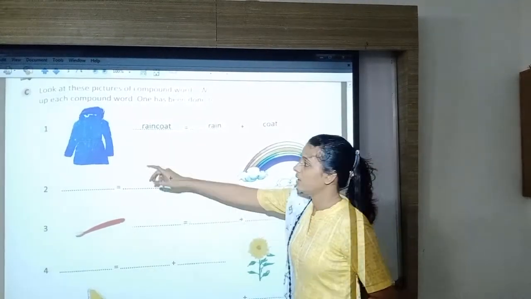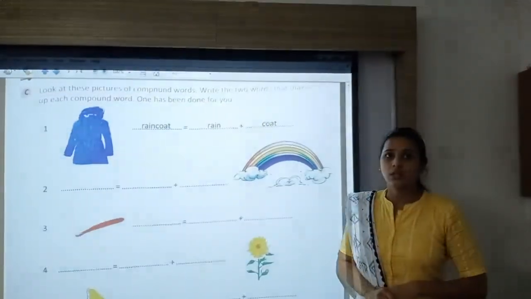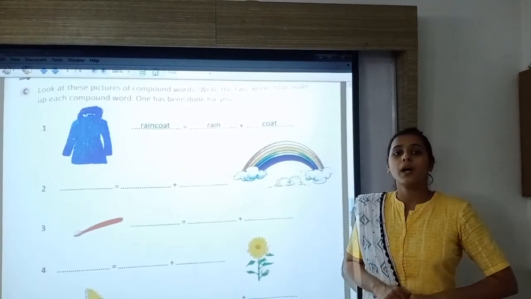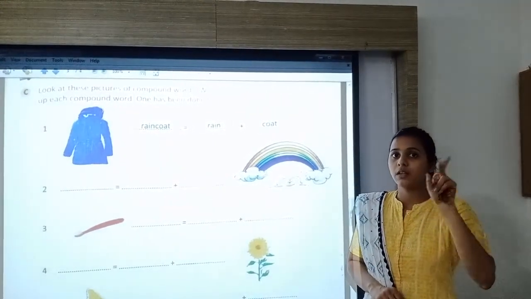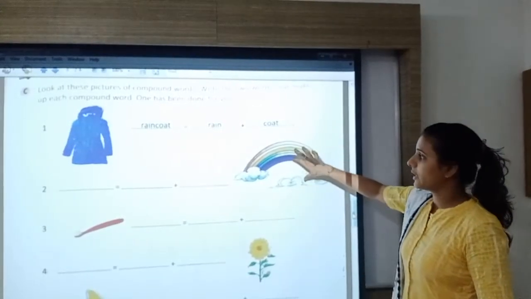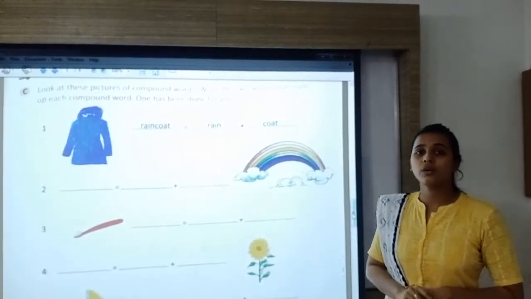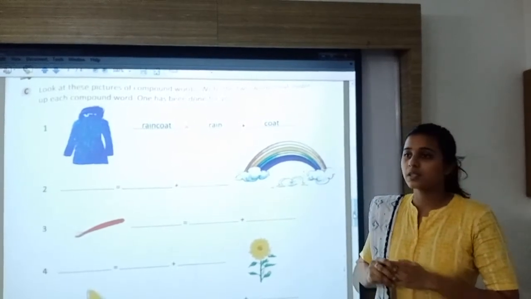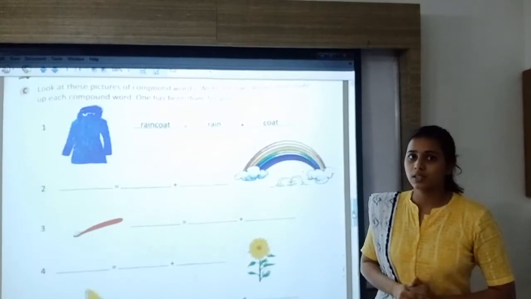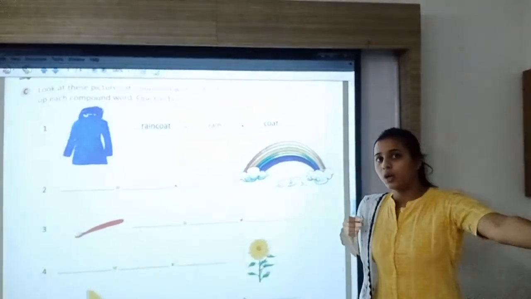You can see, this is raincoat. Now, how is the word raincoat formed? It is formed by two different words, rain and coat. The next word is rainbow. Now, how does the word rainbow come? This is made of two different words, rain and bow.